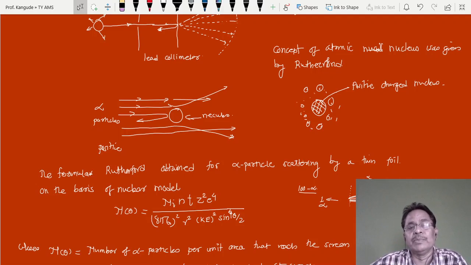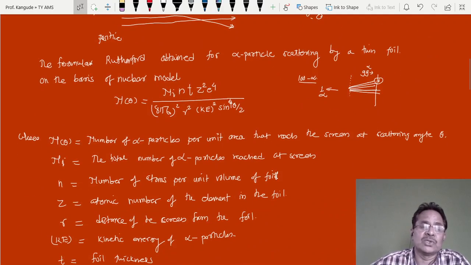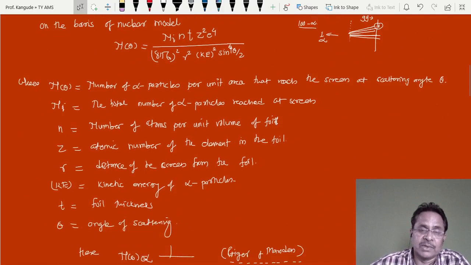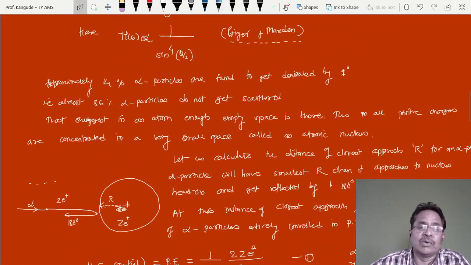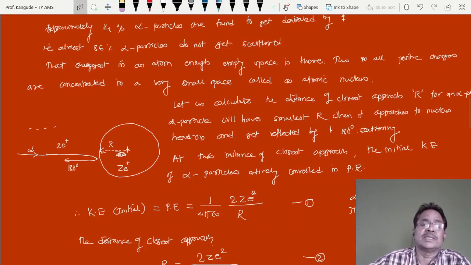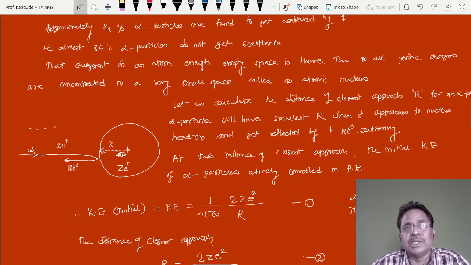Almost all alpha particles come out of the thin foil, very few get deflected, and very few get reflected back. On the basis of that, Rutherford suggested that inside an atom, the nucleus is an entity where almost all the mass and all the positive charge are concentrated in a very small space, and electrons are moving around it.